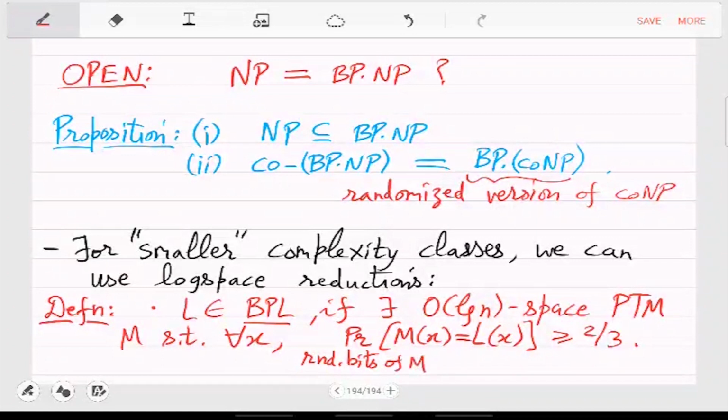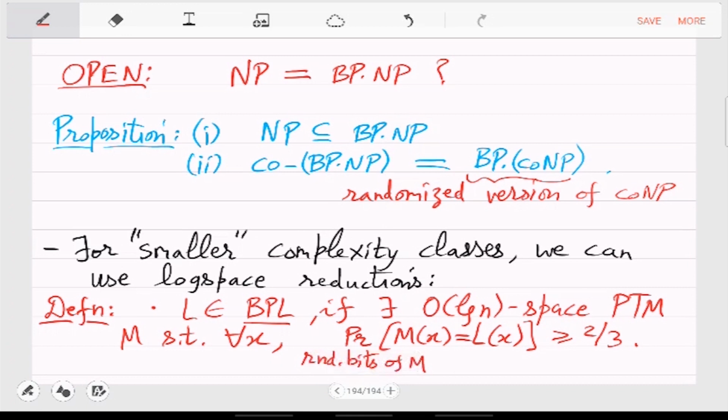So M is a probabilistic Turing machine with a work tape of size order log n, where n is the input size, and it is able to solve L with high confidence. This 2/3 can be amplified to close to 1.